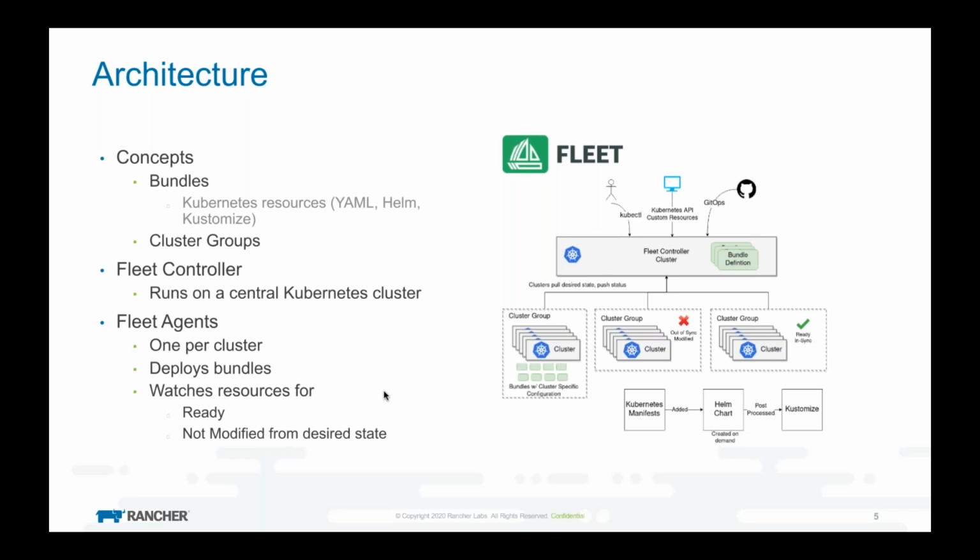Combining these three approaches works pretty well. The bundle concept is based off a lot of observation of how people have been running things at scale. You can choose which one you want, and there are pros and cons to each approach between raw manifests, Helm charts, or Kustomize. Each one is good and bad.